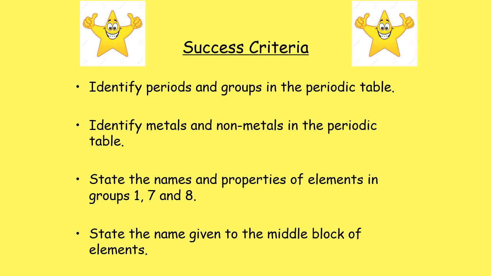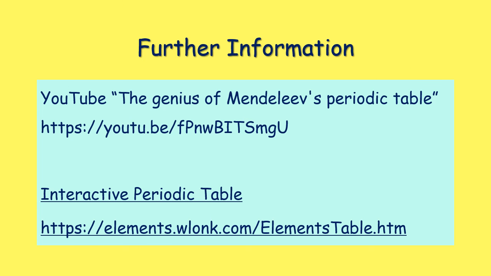So the alkali metals are very reactive metals, the halogens are very reactive non-metals, and the noble gases are unreactive non-metals. And you'd hopefully be able to also name that block in the middle of the periodic table, the transition metals. So that's the end of the lesson.